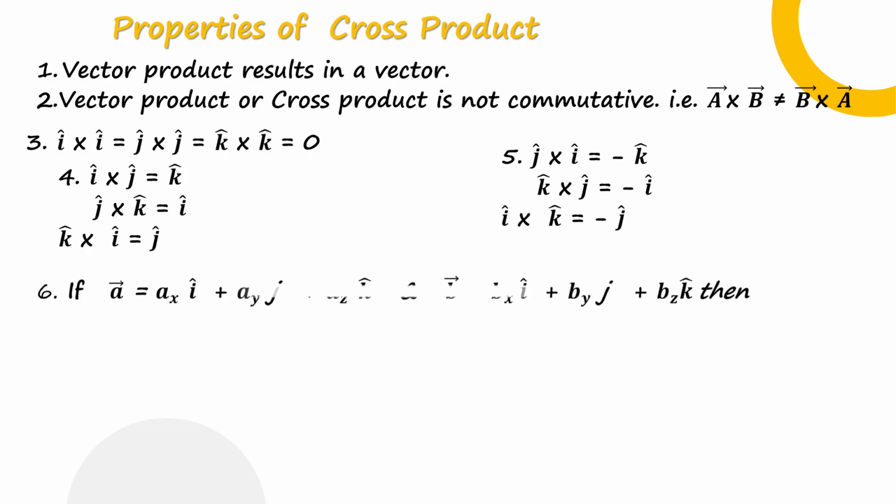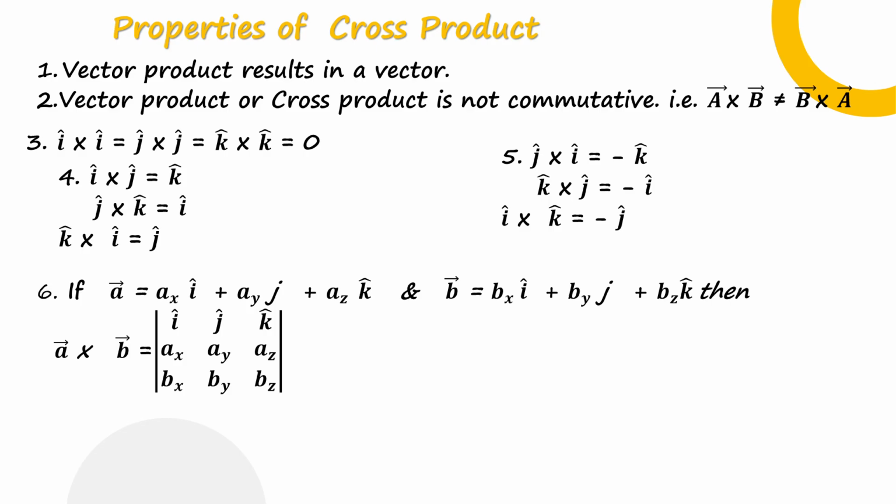Also, if we consider vector A equal to AX i cap, AY j cap, and AZ k cap, and vector B equal to BX i cap, BY j cap, and BZ k cap, then A cross B in tabular form, the i j k components of vector A, that is AX, AY and AZ, and BX, BY, BZ.